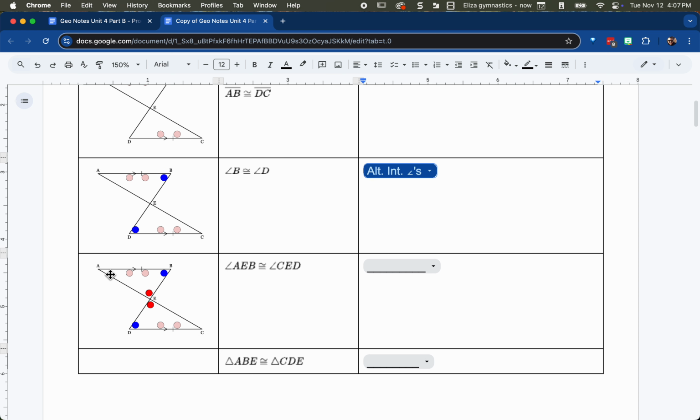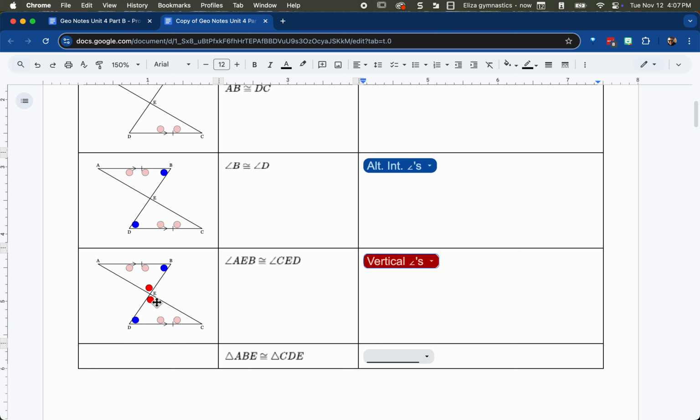All right, next we have these angles in the middle that say angle AEB and CED. Those are vertical angles. So I'm going to look for something that references vertical angles. And there we go. Now that I have those red angles marked, the blue angles marked, and these given sides, that gives me a pattern of congruence for the two triangles.